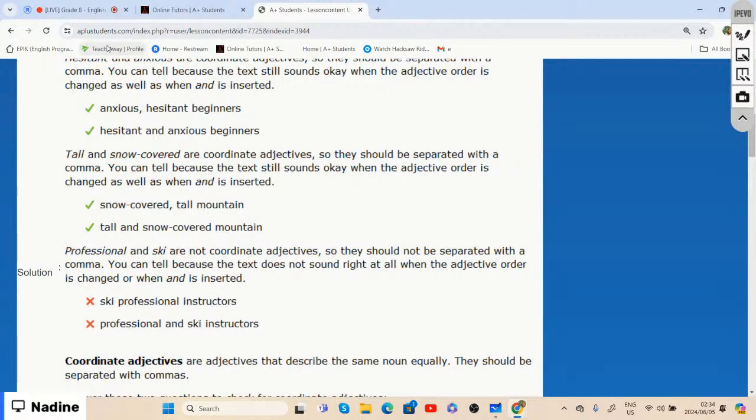And you can tell because the text still sounds okay when the adjective order is changed or when we add an and to it. For example, snow covered tall mountains, or we can say tall and snow covered mountains, and yet it still stays the same.